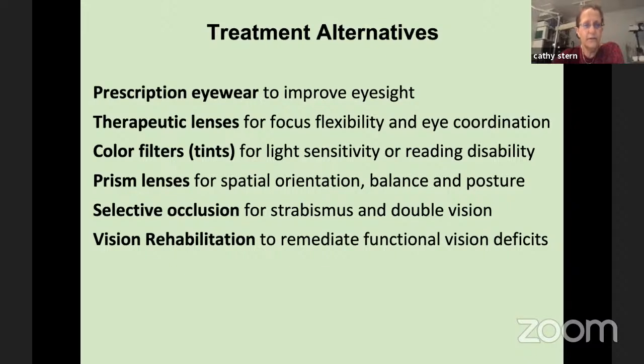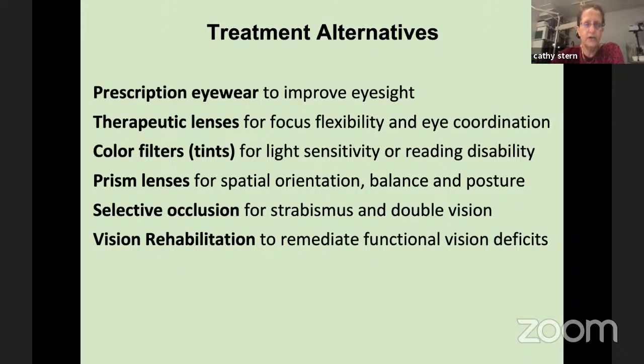I also think that we have to think about prescribing lenses, not just for eyesight, but how do lenses help us focus? How do they help us coordinate our eyes? How do they provide a better base for that interaction between the focal system and the ambient system? We do know that often color filters or tints are helpful for light sensitivity. We know that with certain kinds of reading disabilities, certain colors on the page do seem to help.